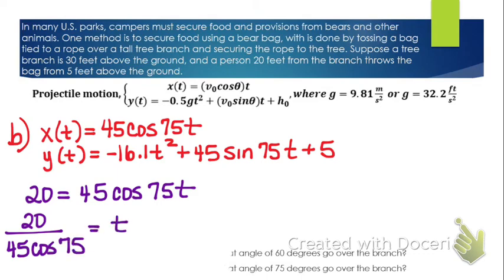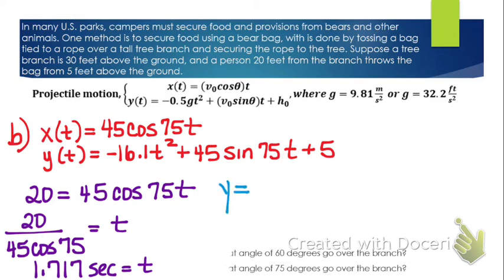Okay, so to find your t value for the second scenario, you would take 20 and divide it by 45 cosine 75. So what did you get for t the second time? Okay, so 1.717 seconds. So this time, let's figure out the vertical height.